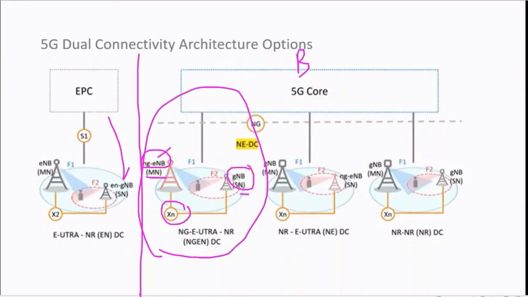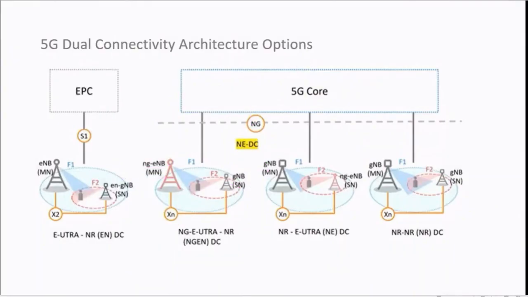The third option we have is this option. So we are going to flip flop the roles of G node B and E node B. You can see here G node B is the master node and E node B is the secondary node.